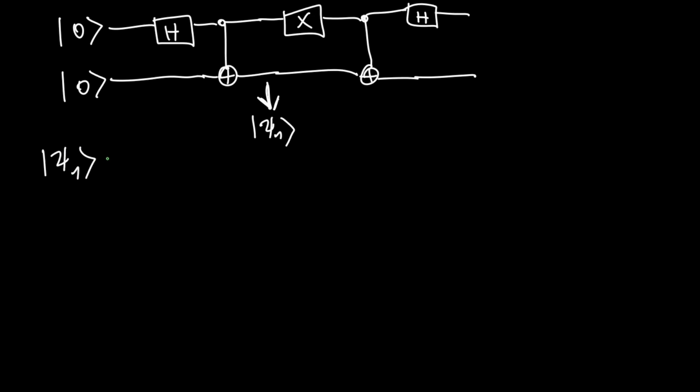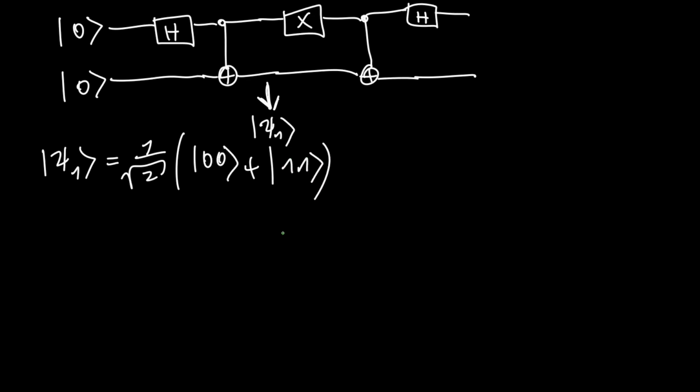Psi1 is nothing else than 1 over square root of 2, and then 0 0 plus 1 1, right? And then we apply the X gate. So X gate does what? In this case it changes only the first qubit, so X, and for the second qubit nothing.